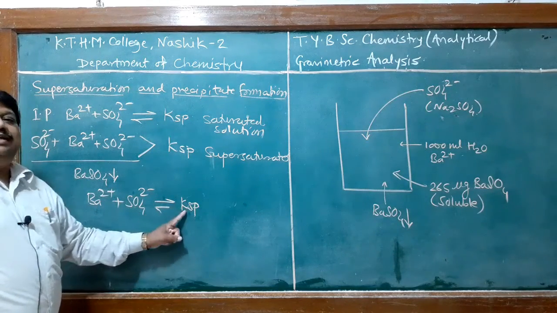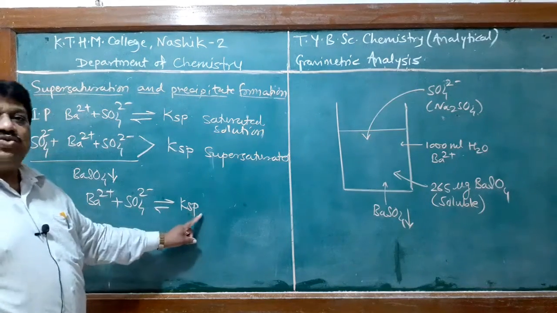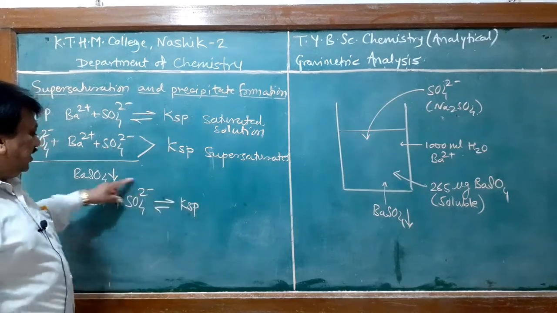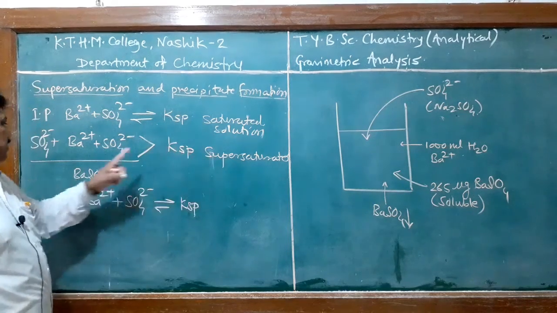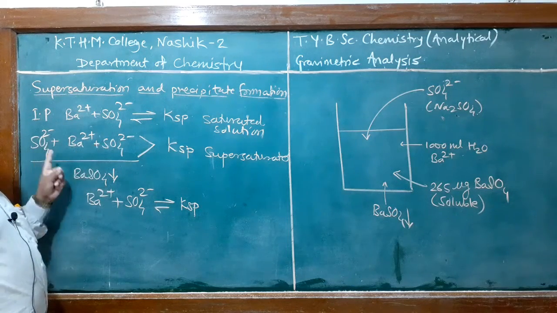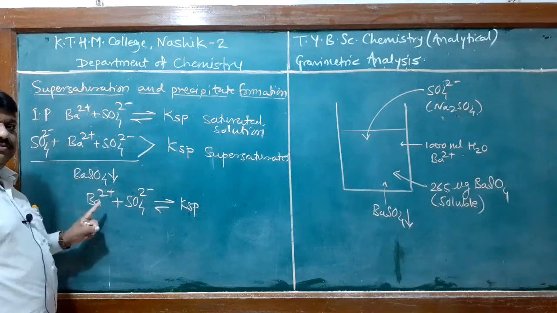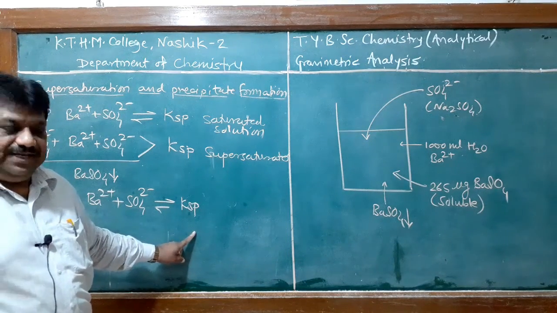Therefore, the ionic product is equal to the solubility product. This condition should be maintained in a supersaturated solution. For that purpose, the extra sulfate ion added reacts with barium ion, and that forms the insoluble precipitate.